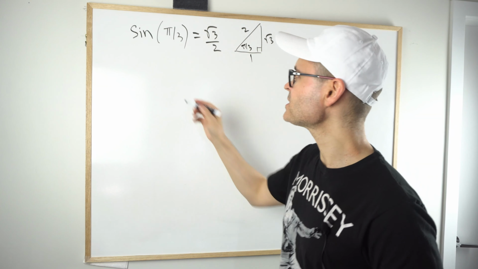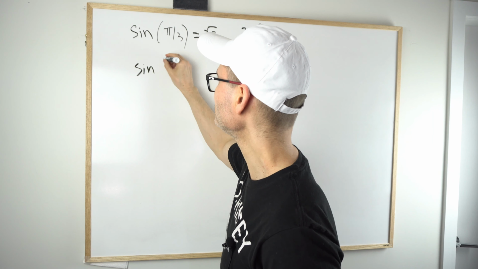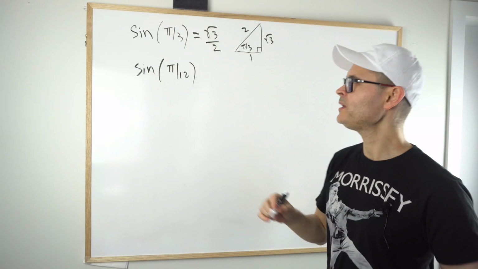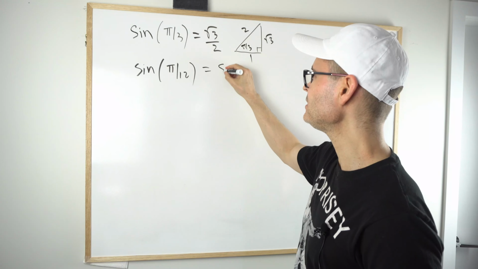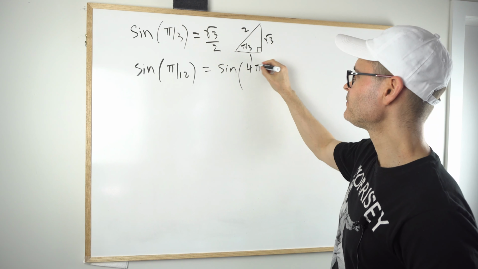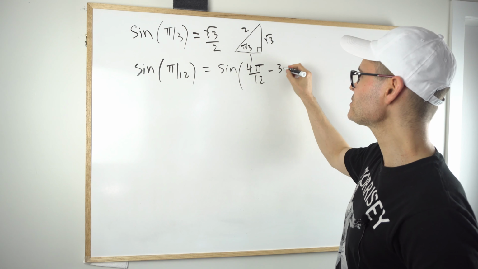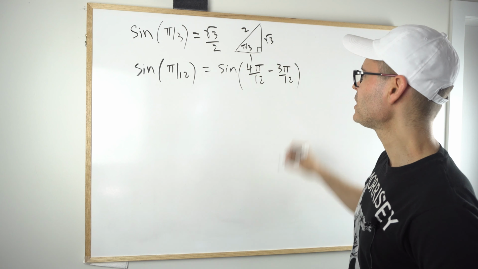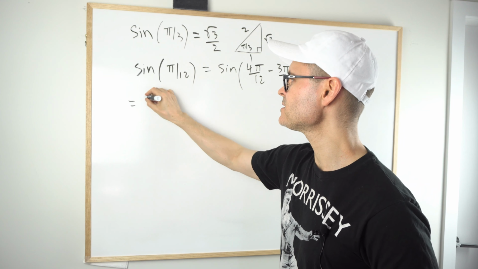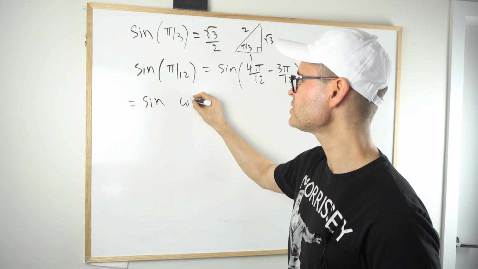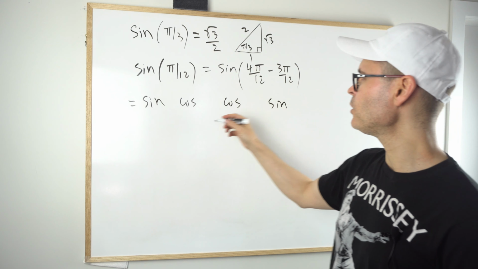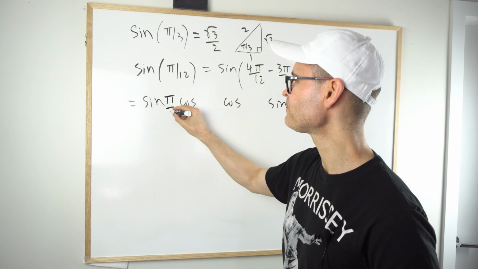The problem is sometimes the angle isn't special. So let's say it's pi over 12. Well, we can get a little clever here by recognizing that that's the same as 4 pi over 12 minus 3 pi over 12. And I can expand that out. You see, that would be the same as the sine, cos, sine. 4 pi over 12 is pi over 3.